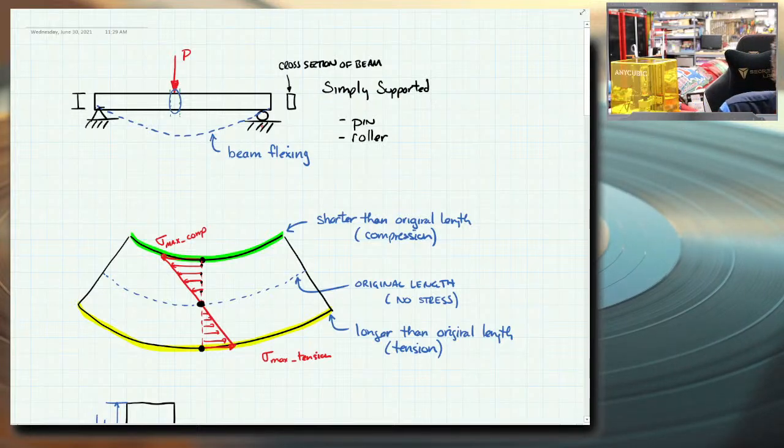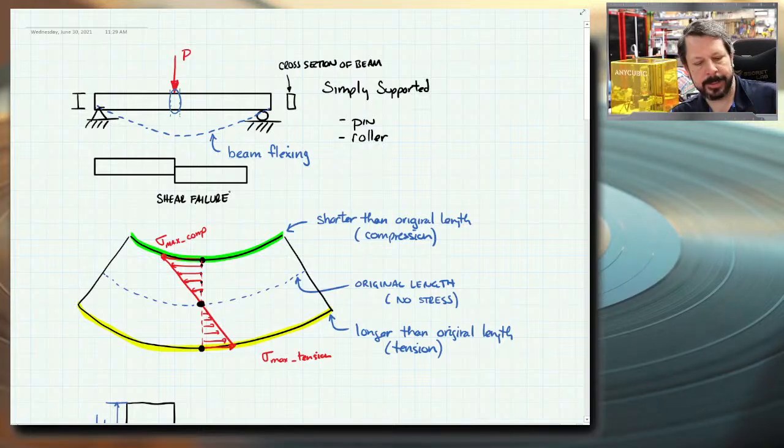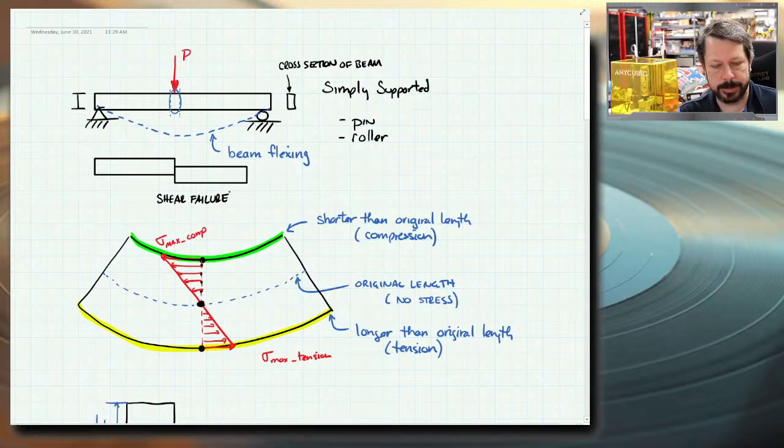So the shear failure would look like this. It does something like that.